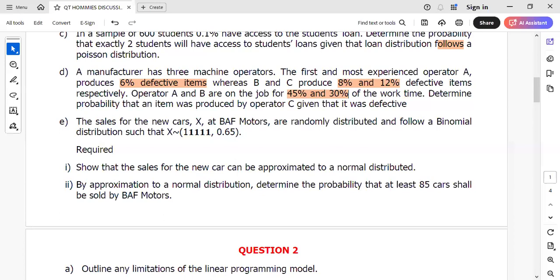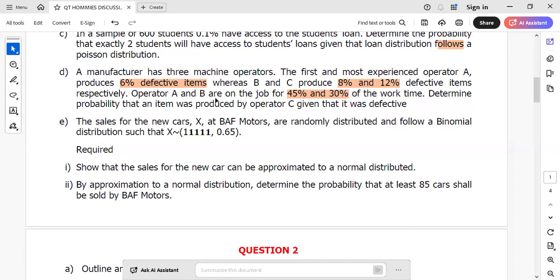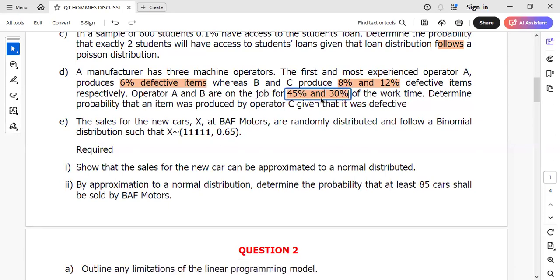That's the question. Operator A and B are on the job for 45% and 30% of the work time. Remember, there is a remaining percentage. Determine the probability that an item was produced by operator C, given that it was defective.